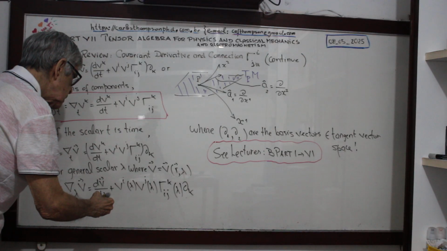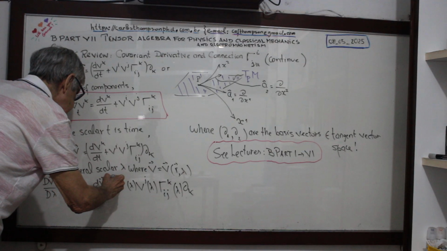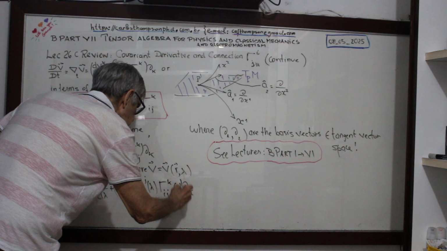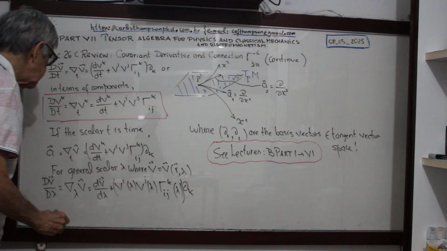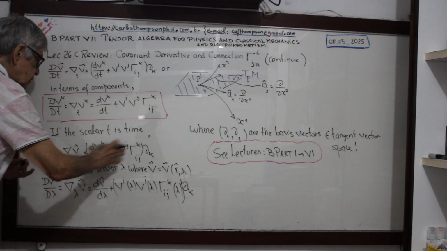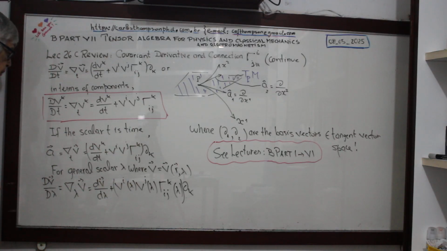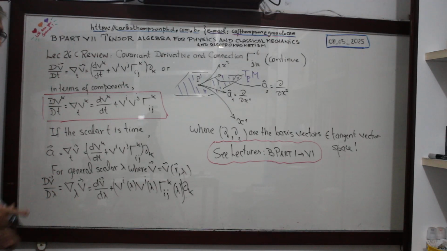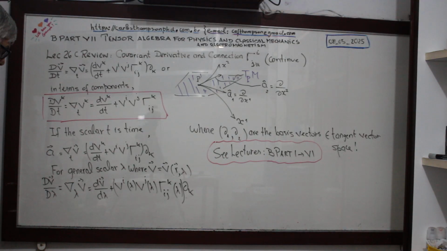I could set a parenthesis just over here. So this is a vector, this is a basis vector. Likewise here I just derive the acceleration, the vector. This is a basis vector, but lambda here is any scalar function. That's a remark that I would like to emphasize here.